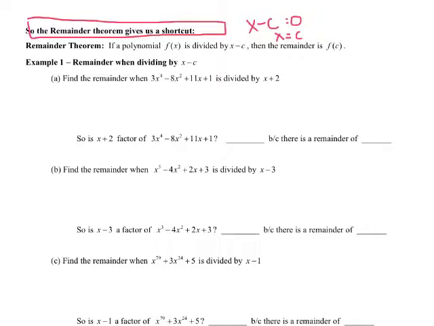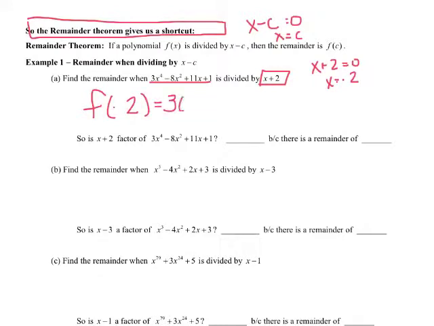Okay, so in example 1a, x plus 2 is the divisor, so I'm going to say x plus 2 equals 0, and I'm going to use negative 2. So I'm going to evaluate my function at negative 2.